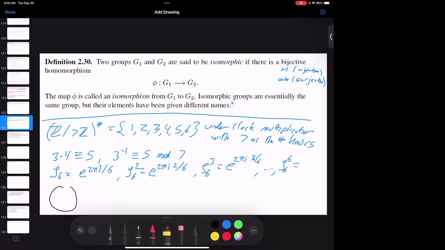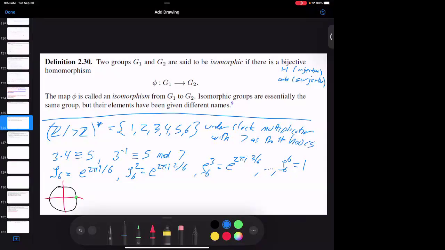Draw the unit circle, right? Here's the unit circle. If I give you the angle of 0 or 2 pi, I'm at this point. The cosine is going to be 1. What's the sine of 2 pi going to be? 0. So zeta 6 to the 6th power is 1.